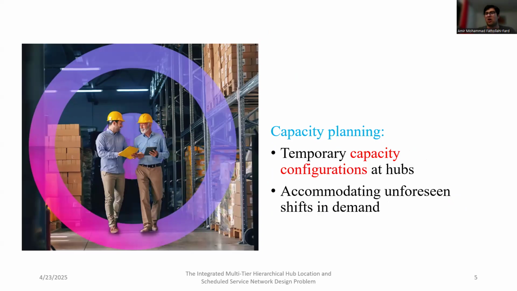We know that each hub has a base capacity, but to cover the unforeseen demands and to have a feasible network that we know can satisfy all the demands, we may need to provide some temporary capacity configurations to the hubs.